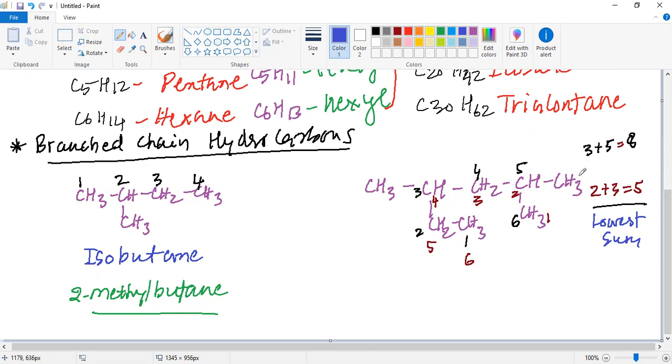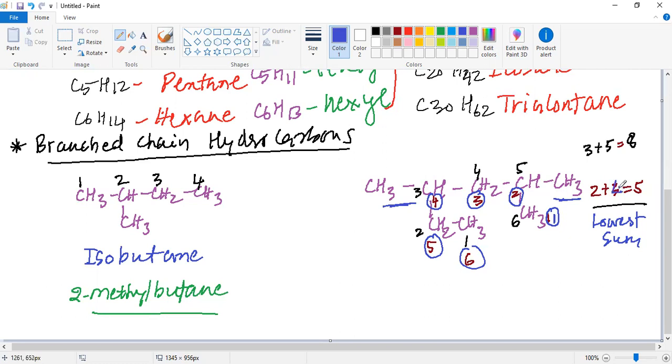So you can see here that this is your first carbon, this is the second one, the third one, the fourth one, the fifth one, and this is the sixth one. According to that, it is 2-methyl. On the second carbon we have a methyl, and on the fourth carbon we have a methyl.